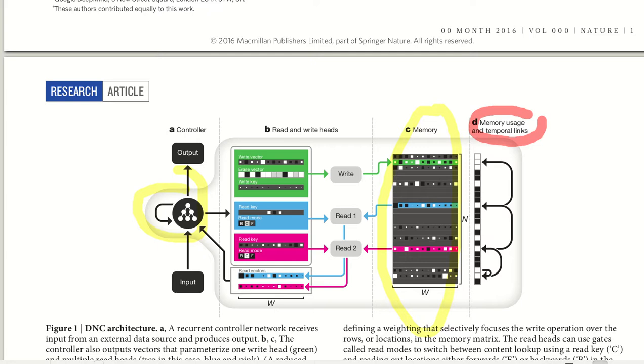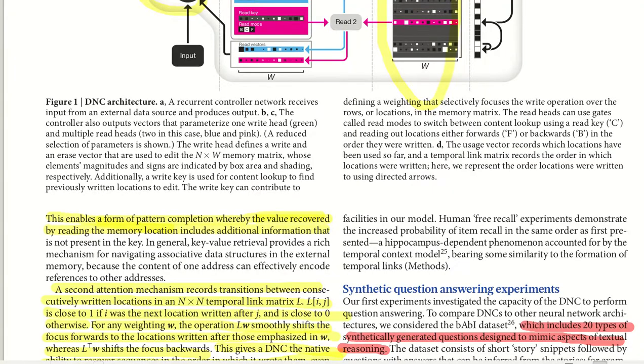The order in which the controller wrote that sequence is lost, right? It is not native to the architecture of a normal neural Turing machine to reconstruct a sequence. But here, with these temporal links, the sequence gets recorded, and so we can go through the data in the same order that it was written. These are the two main improvements.